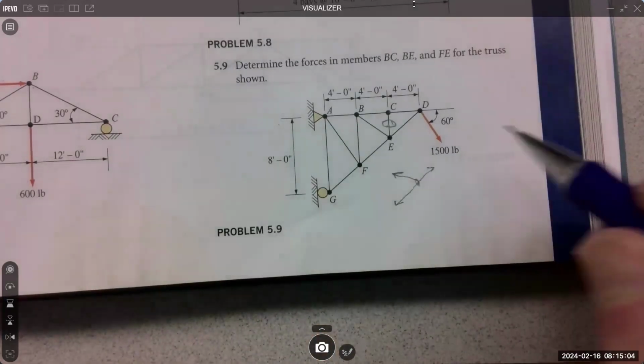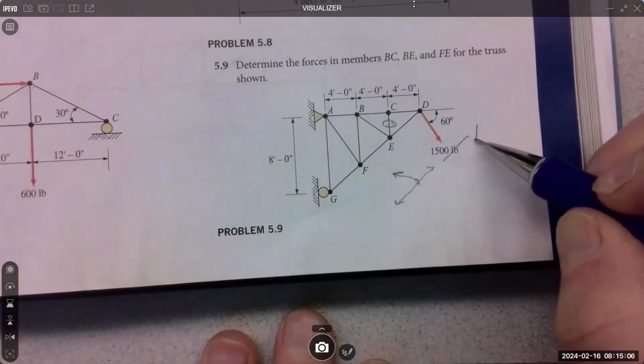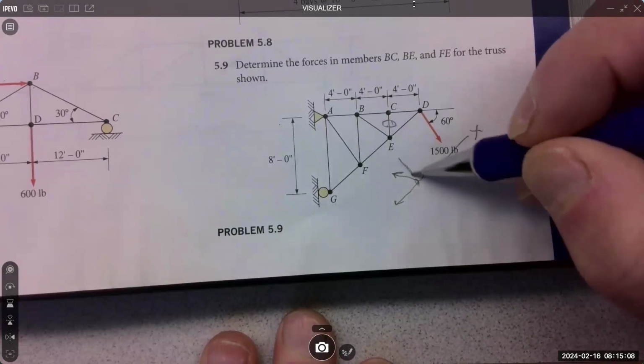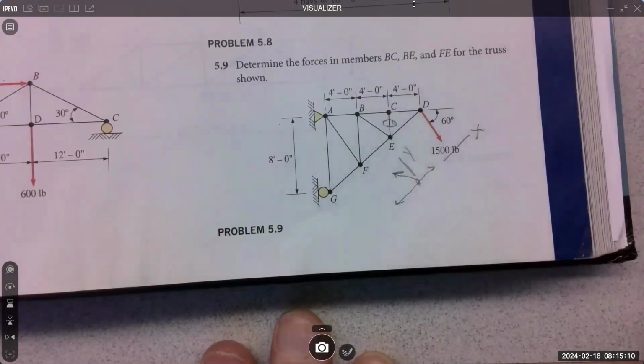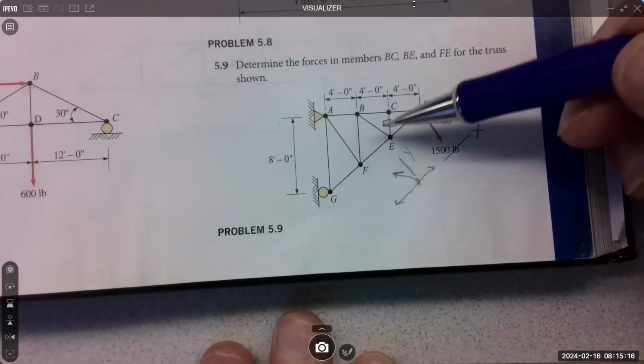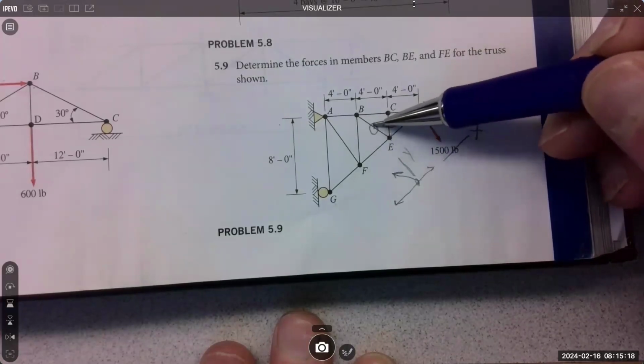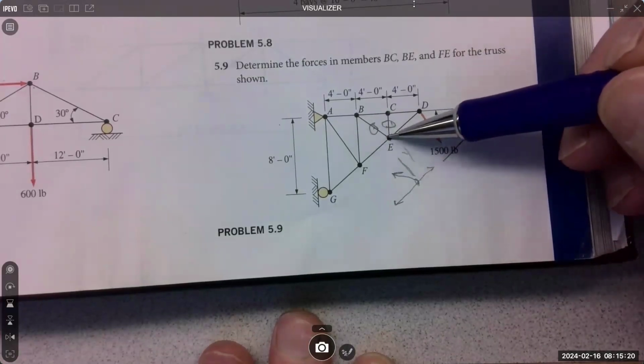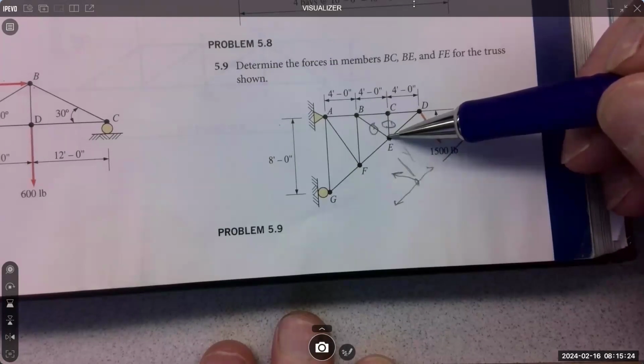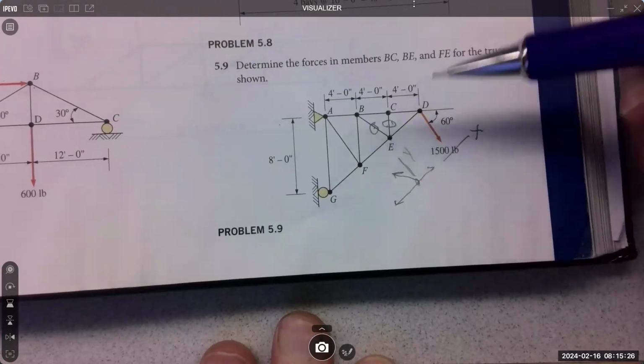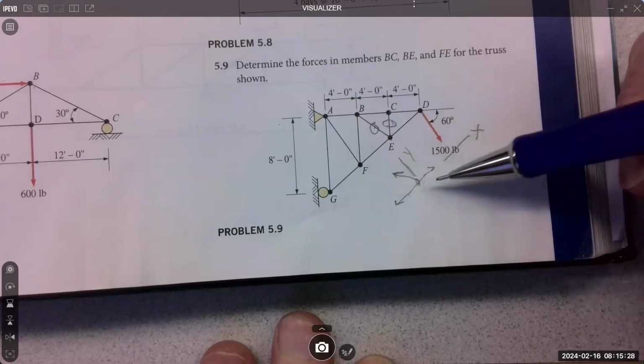And I'm going to put the axis here, X and Y. This member also becomes 0 based on this connection. Everyone see that? It's a little trickier when the force is at an angle.